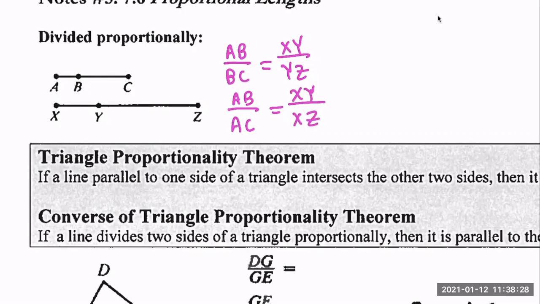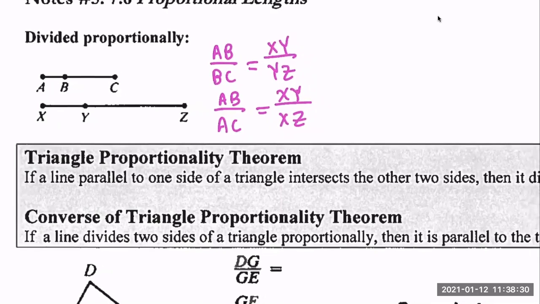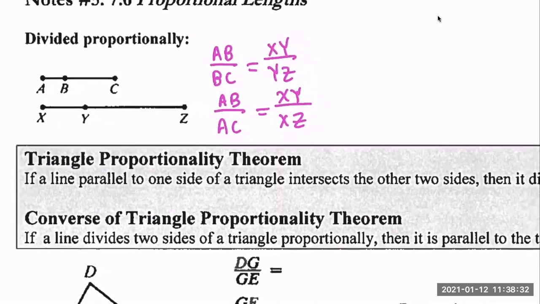Okay, other things could be true as well. We compared the short to the medium, we compared the short to the long, and now let's go ahead and set up one for the medium. So BC to AC is also equal to blank to blank. What would BC to AC be equal to? So I'm comparing the medium to the entire segment.